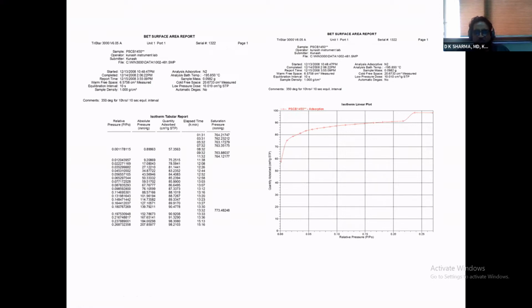So your data has to be equilibrated. The data that I'm showing is also equilibrated, but not completely. Non-equilibrated data, depending on the nature of the sample, might give you a difference of about 30 or 40% in all the values, whether it is pore sizes, pore volumes or surface areas.